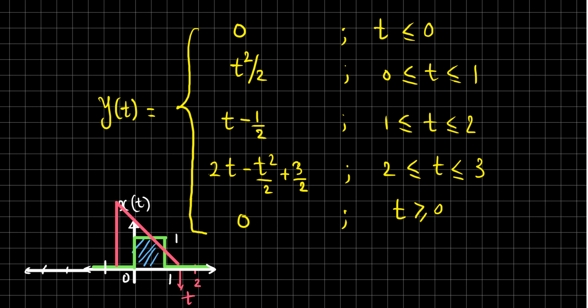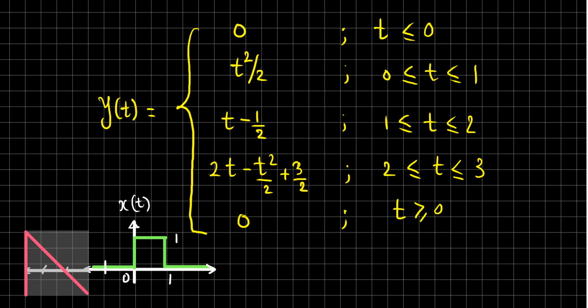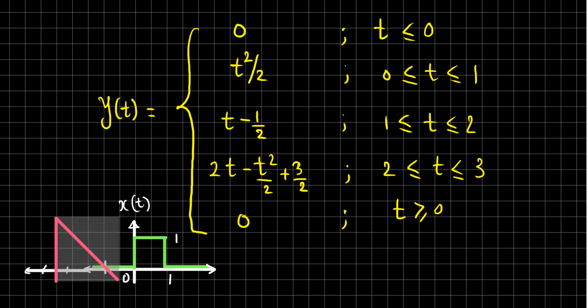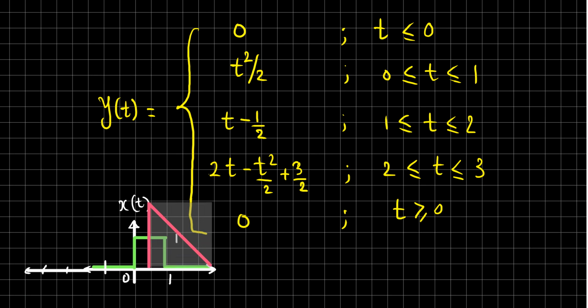Similarly, we have taken the other case as the case where the overlap has now exceeded 2, so it is somewhere here. So that is the point where small t is greater than 2 but less than 3, so the overlap will be this much portion. And the last case that we have considered is where the overlap exceeds.